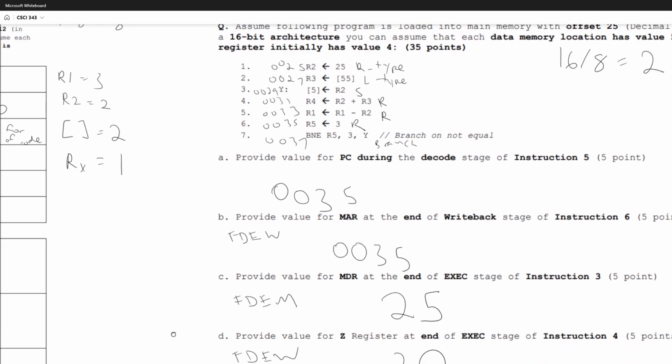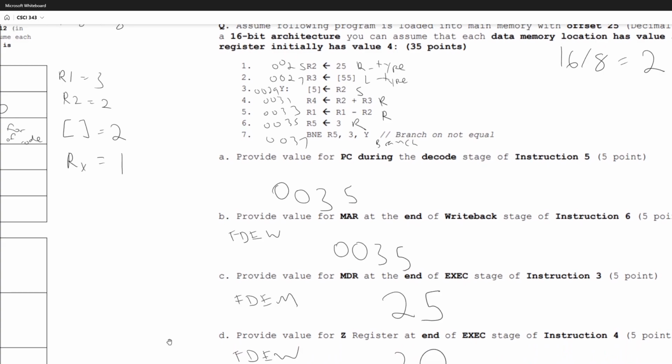Total memory reference count when the above looped instructions are executed. 9.3 is where the branch jumps to. Compare R5 and 3.